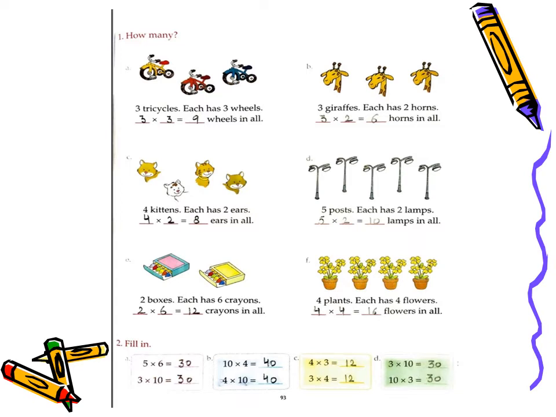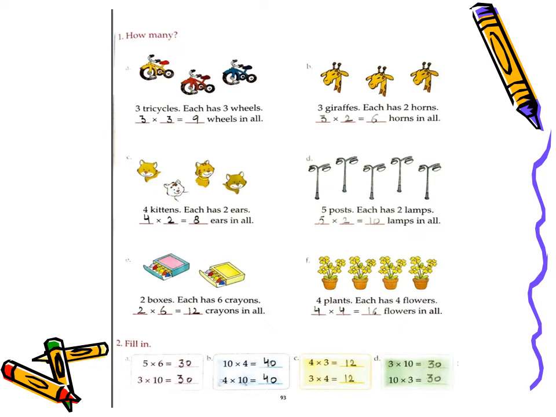Question number 1, how many? Students, we were doing a similar type of question. So A part, I am just reading it out for you. 3 tricycles, each has 3 wheels. So we will write 3 into 3 equals 9 wheels in all.